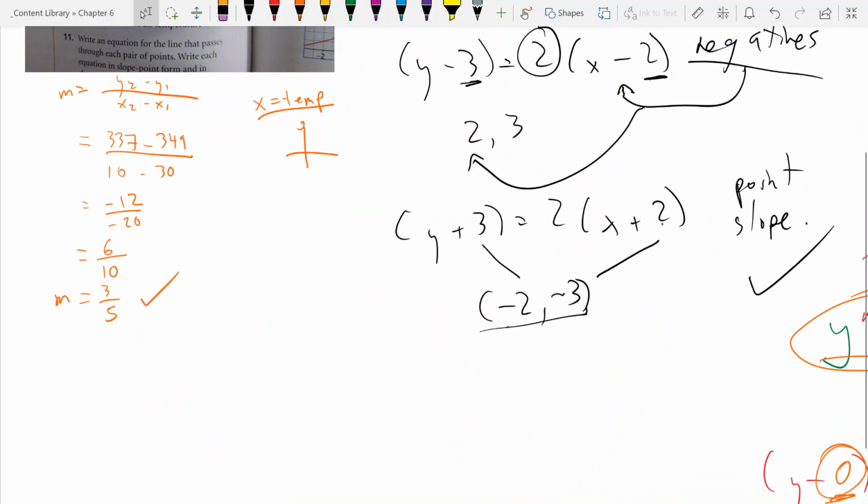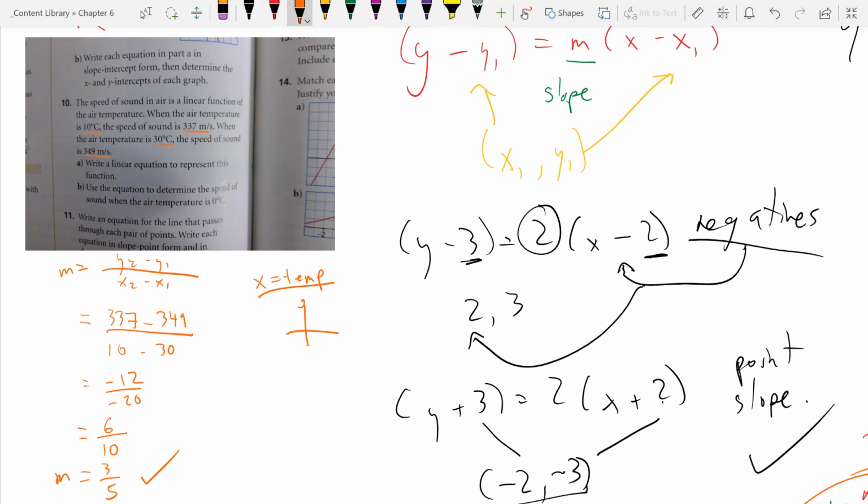You could write it as y equals mx plus b. That would work, and we could sub in one of the points, or we could write it the way that we just learned, which is a little bit easier.